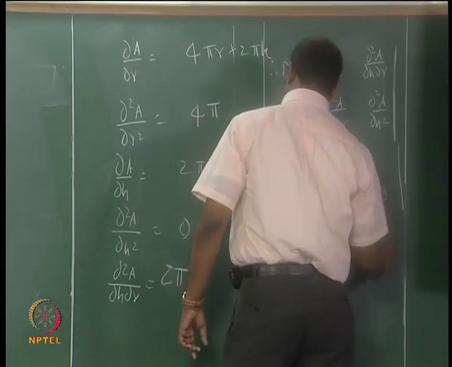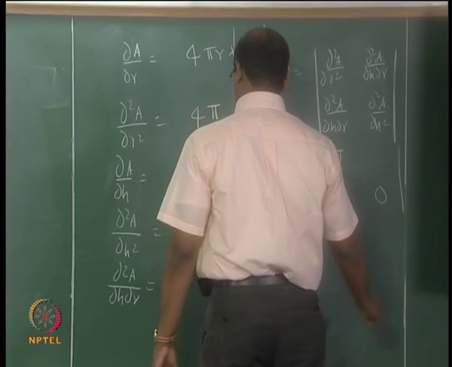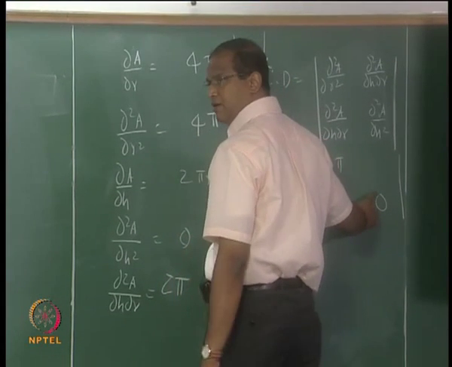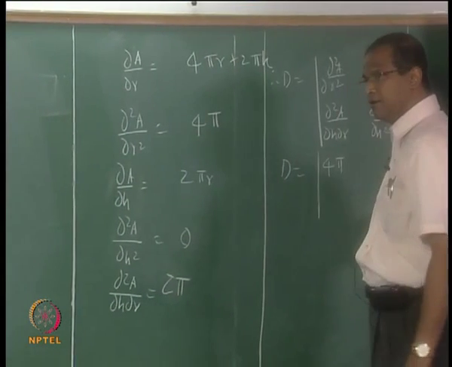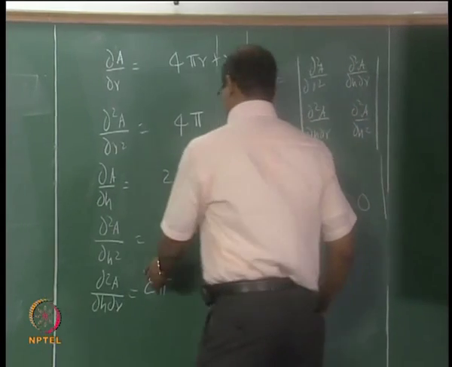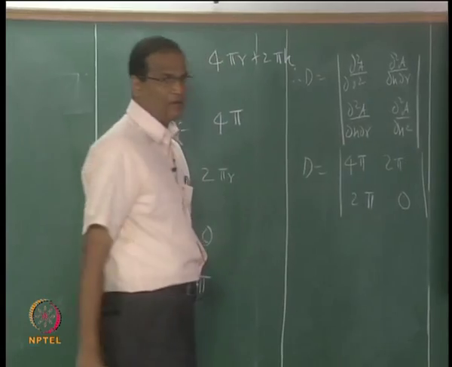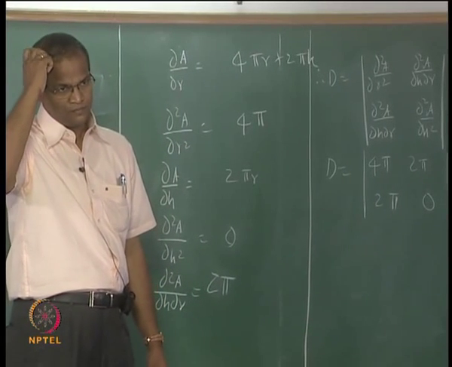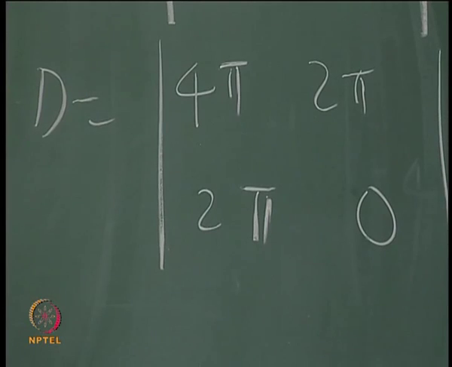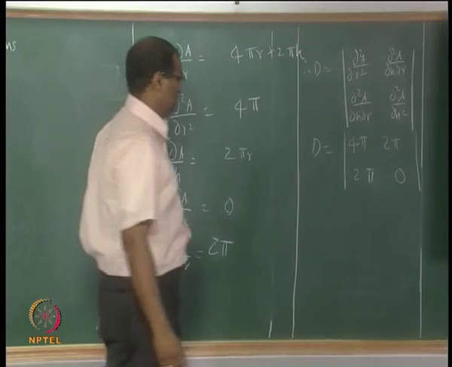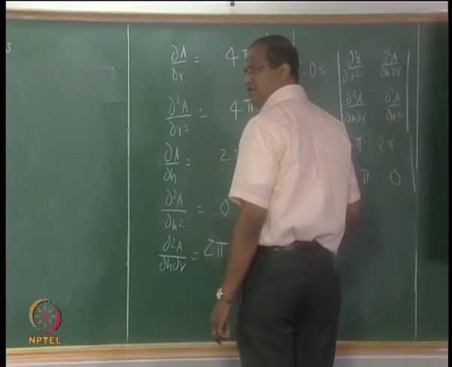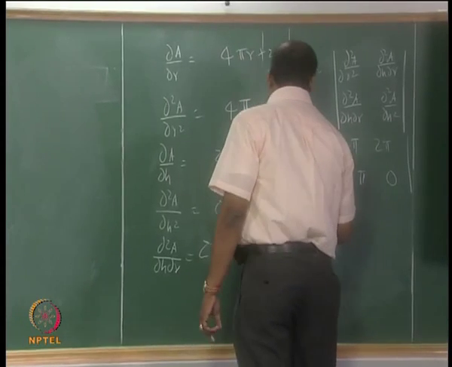Zero, huh? Correct? This is 0, right? Then D is negative. Giving trouble.